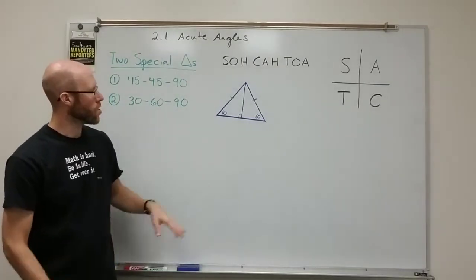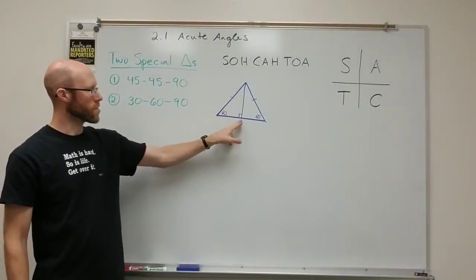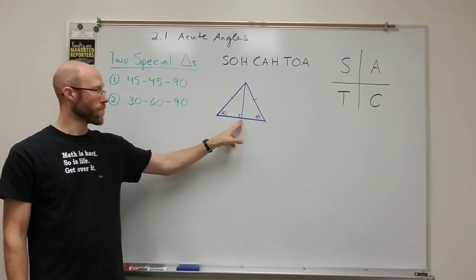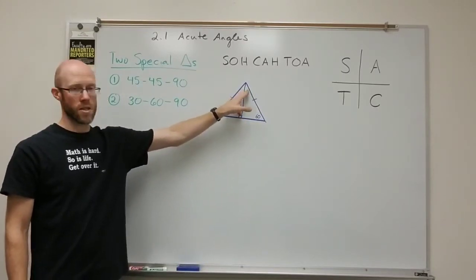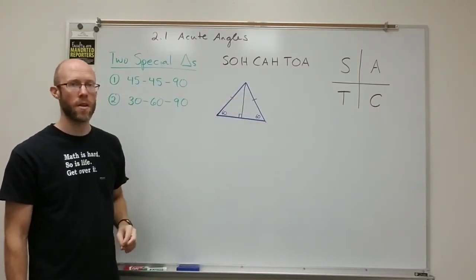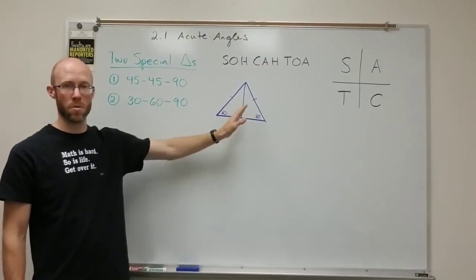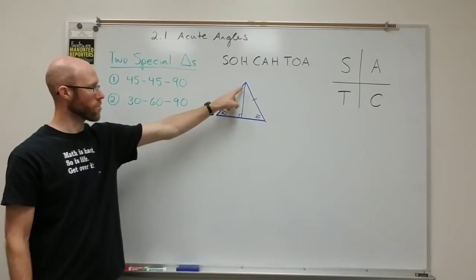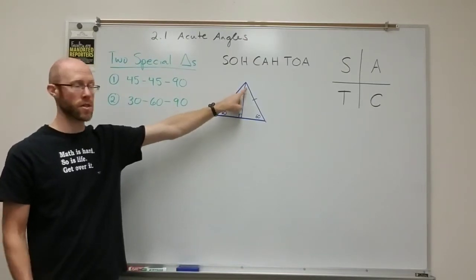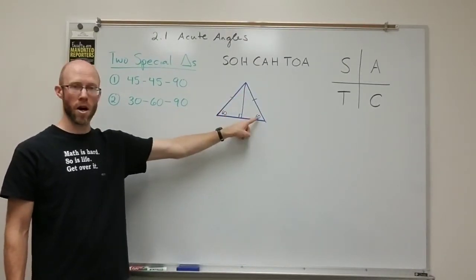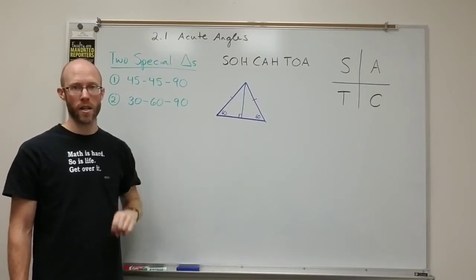This is a perpendicular bisector. It also bisects the angle on top. And so what we end up with are 2 triangles that are similar triangles. They each have a 30 degree angle on top because it's half of the 60, a 60 degree angle on the bottom corner, and then a 90 in the middle.